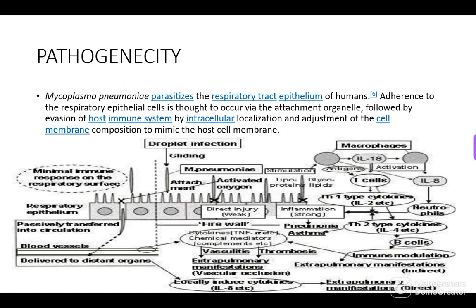This is the pathogenicity which is described in this chart: how they enter the body, how they attach to the surface cells, their penetration and all of this, and their products causing the inflammatory cycle.